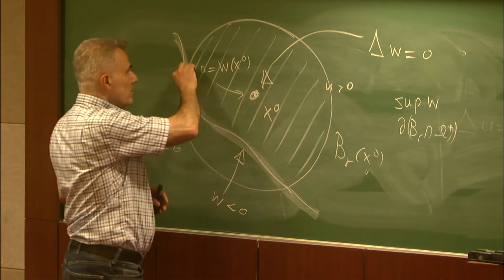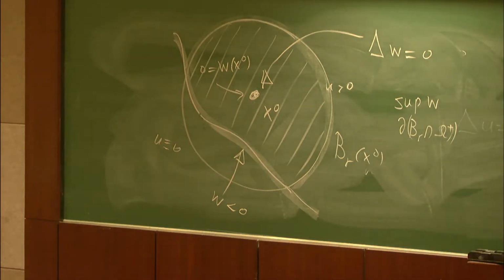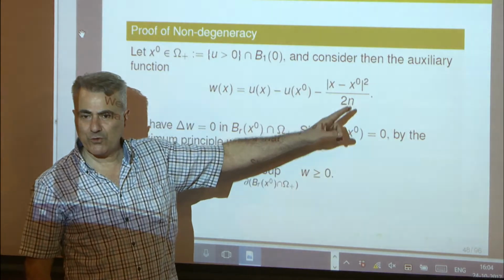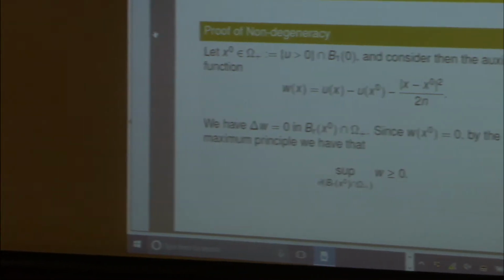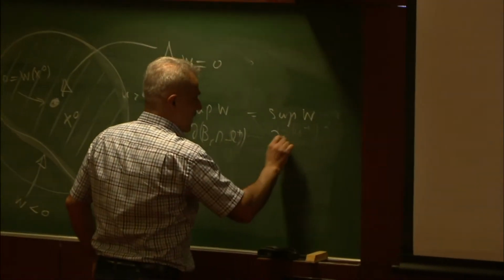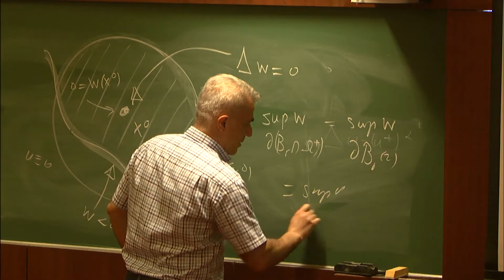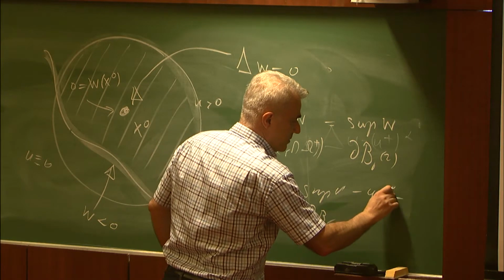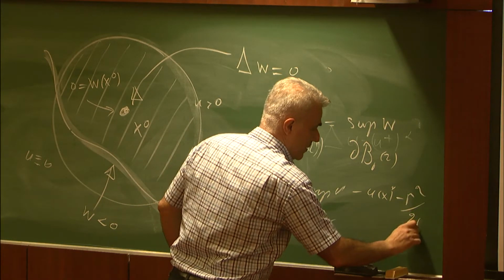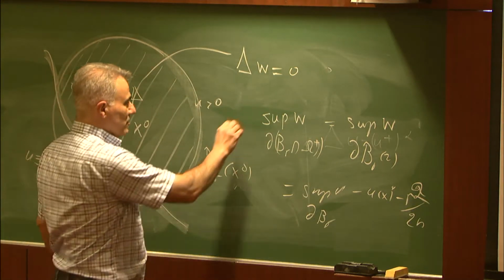If it happens on this part, then this is a fixed constant, r to the power 2. The supremum of this will be the supremum of W on the boundary of the ball B_r, which is the supremum of u on the boundary of B_r, minus u at x0, minus r to the power 2 divided by 2n, which is greater than or equal to 0.